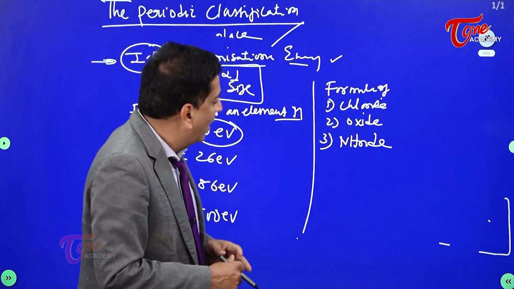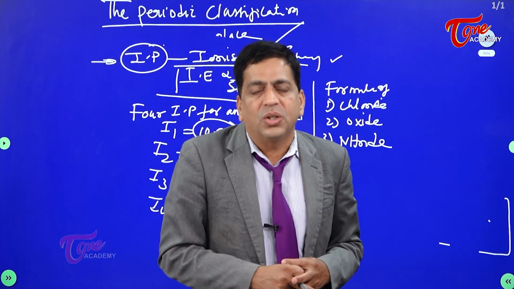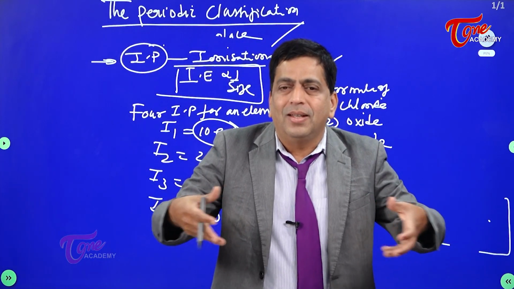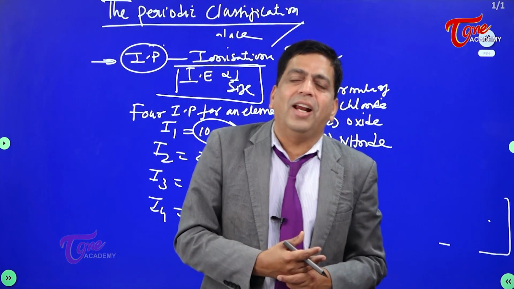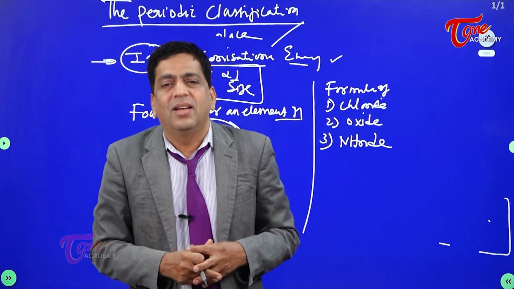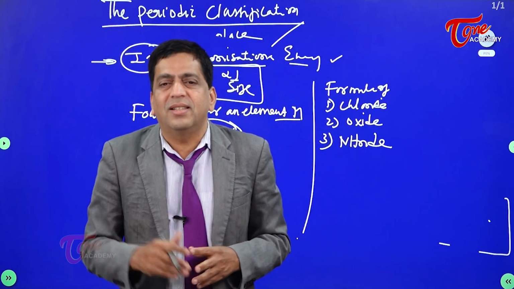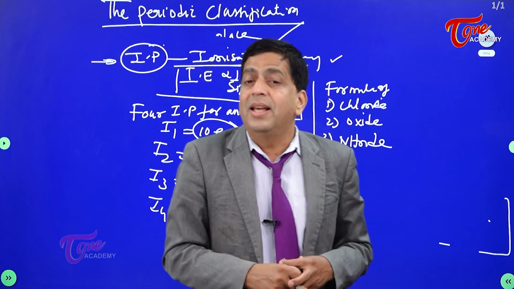And the second one is 26, which is also not surprising, because when you remove one electron, the atom size shrinks. If you remove one more electron, the atom size shrinks further. As the positive charge increases, the size decreases, and it becomes increasingly difficult to remove the electrons.